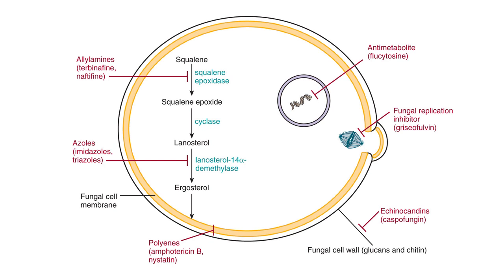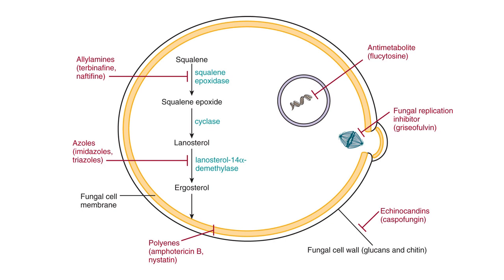So these agents are fungicidal, whereas the azoles are fungistatic. So similarly, in our treatment of fungal infections, if there is immunocompromise that is severe, we usually want to go with fungicidal agents. And if the immunity is intact still, we can utilize the fungistatic agents.